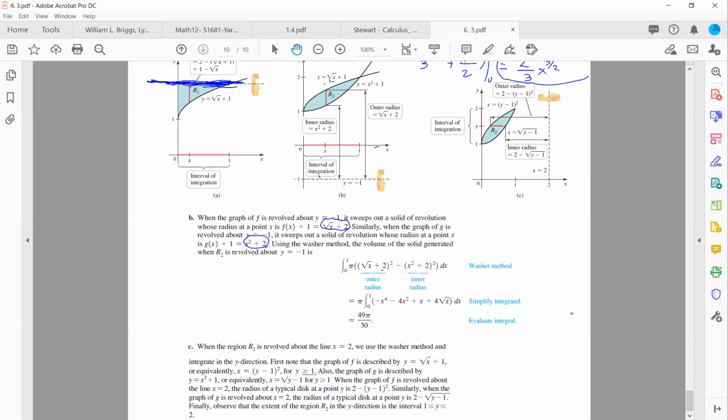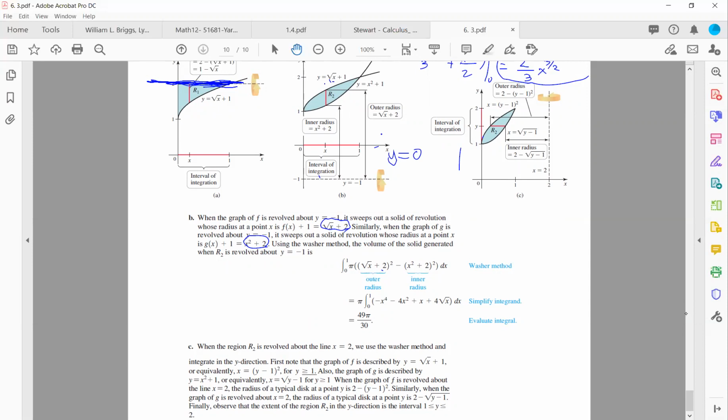Note that, guys, in B, the x-axis is the same as y equals 0. Here you have a vertical line parallel to your y-axis. So you are revolving this. Intuitively, you are shifting this and then revolving this around the y-axis.